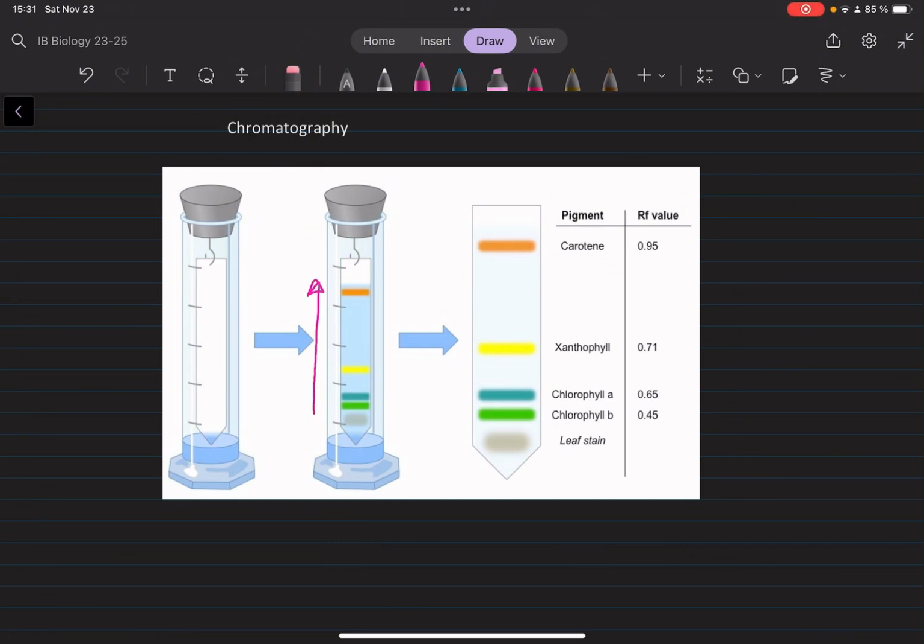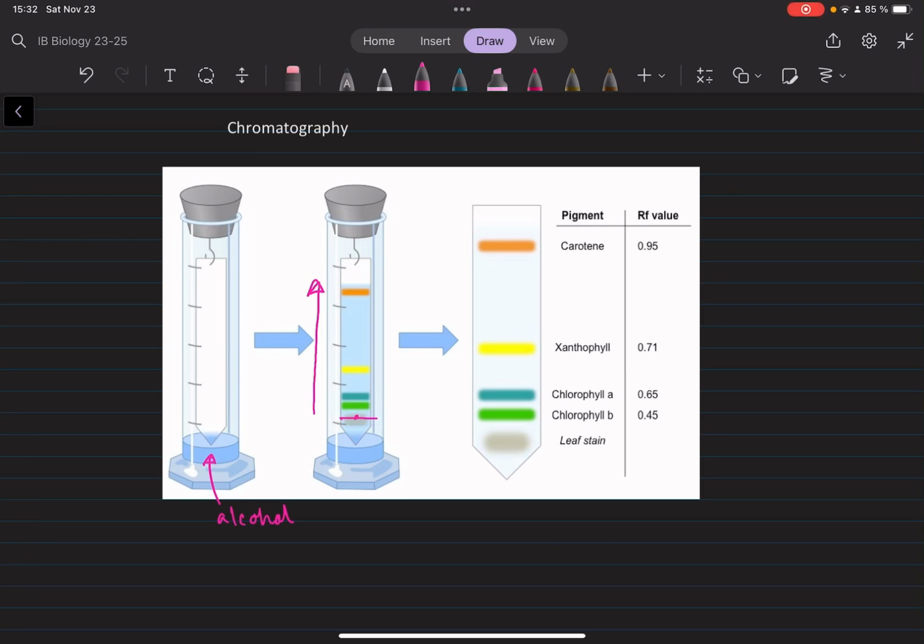So essentially, in chromatography you've got a solvent at the bottom, usually an alcohol, I think maybe ethanol, but I'll correct myself if that's wrong. And you will have a marking, usually with a pencil, with a dot of a leaf stain. For example, what we did in our class is spinach juice, from grinding down spinach leaves.